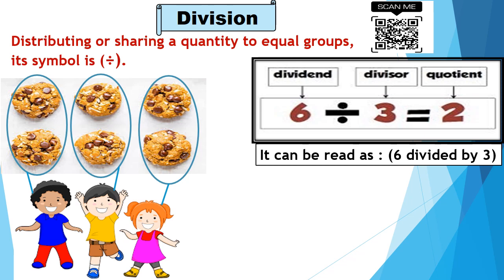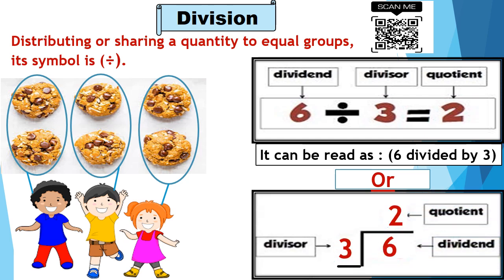Here in division we have dividend, divisor, quotient. The first number is called dividend, the second number is called divisor, and the third is called quotient. So dividend, divisor, quotient. We have another form to express division like this.